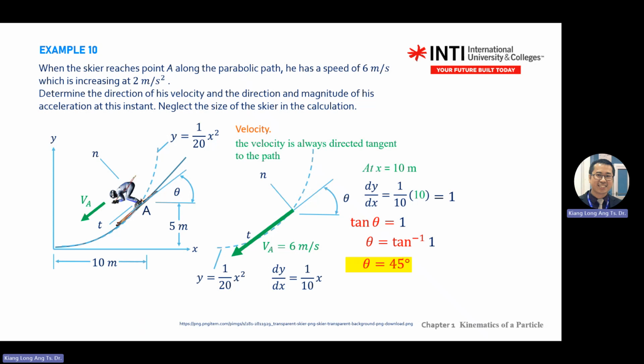Tangent 45 equal to 1. Okay, tangent 45 equal to 1, so it's 45 degrees from the horizontal. V is equal to 6. So 45, let me see, 45.